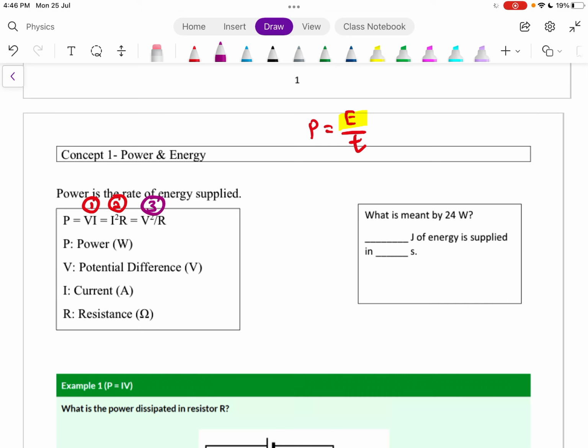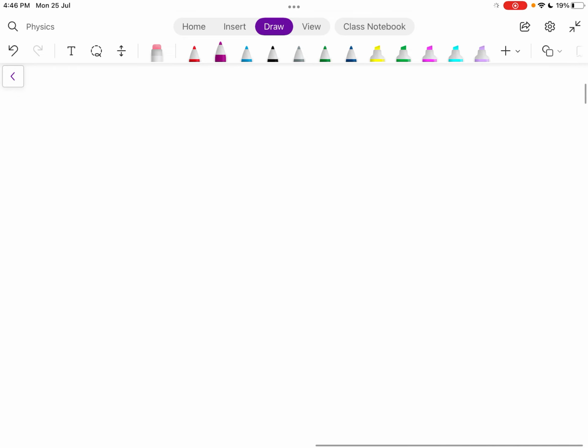So how do I change from the first equation to the second equation, or the first equation to the third equation? We need to combine both R equal to V over I and P equal to VI. Let me derive this for you.